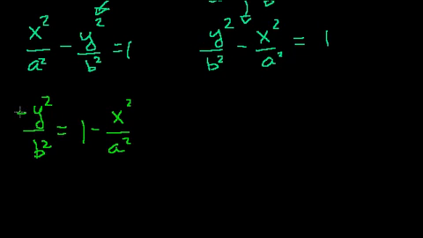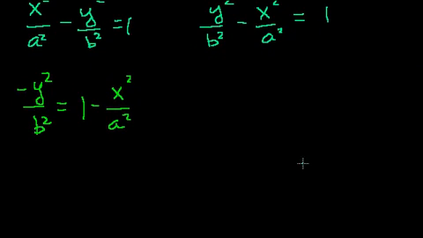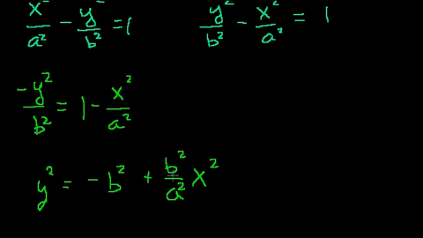And then I want to get rid of this minus and I want to get rid of this b squared. So let's multiply both sides of this equation times minus b squared. If you multiply the left-hand side times minus b squared, the minus and the b squared go away, and you're just left with y squared is equal to minus b squared. And then minus b squared times a minus, that becomes a plus b squared over a squared x squared.